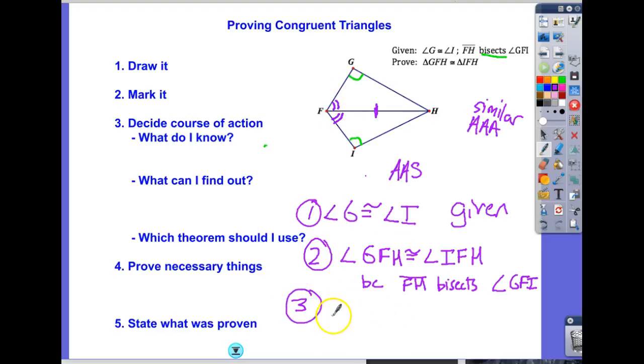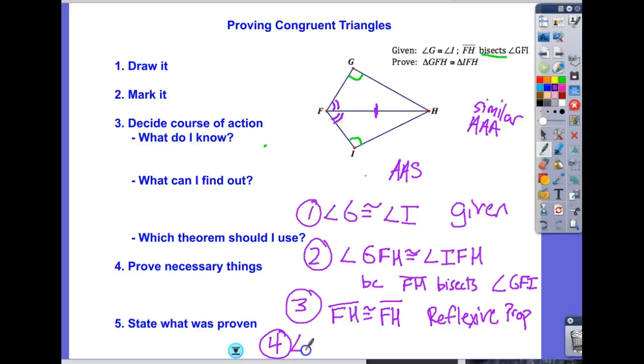And then I can say FH is congruent to itself. Anything congruent to itself, that's the reflexive property. Reflexive, congruent to itself. Of course it's congruent to itself. You would say that, but you have to state that. It's the reflexive property that says something is congruent to itself.